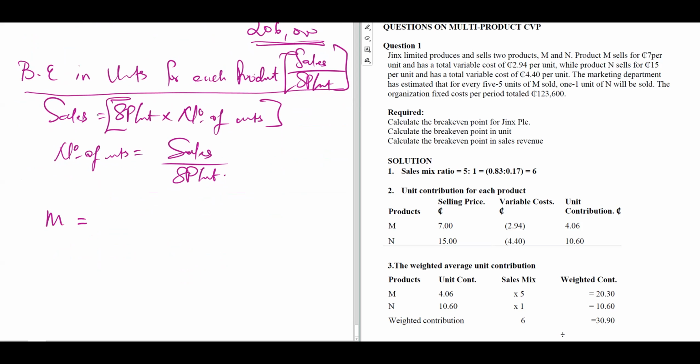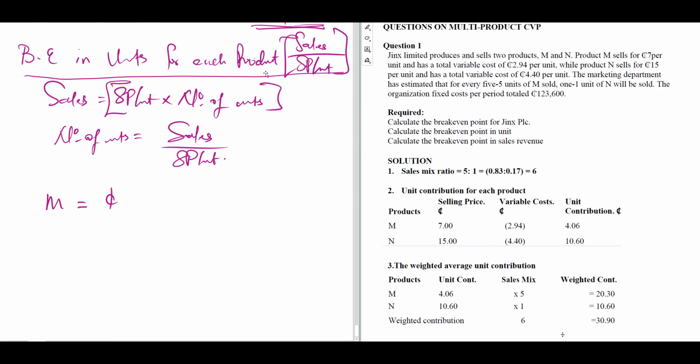So if I take product M, how much did we share for him? 171,667, right? As sales. We just divide by our selling price per unit, which was 7 cedis per unit. It means that the break-even units for this one is 171,667 divided by 7. That means we have to sell 24,524 units to break even.